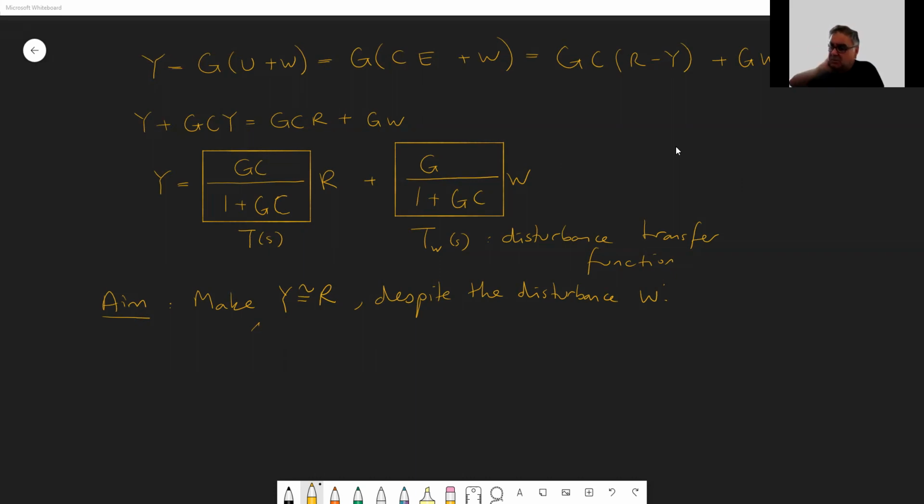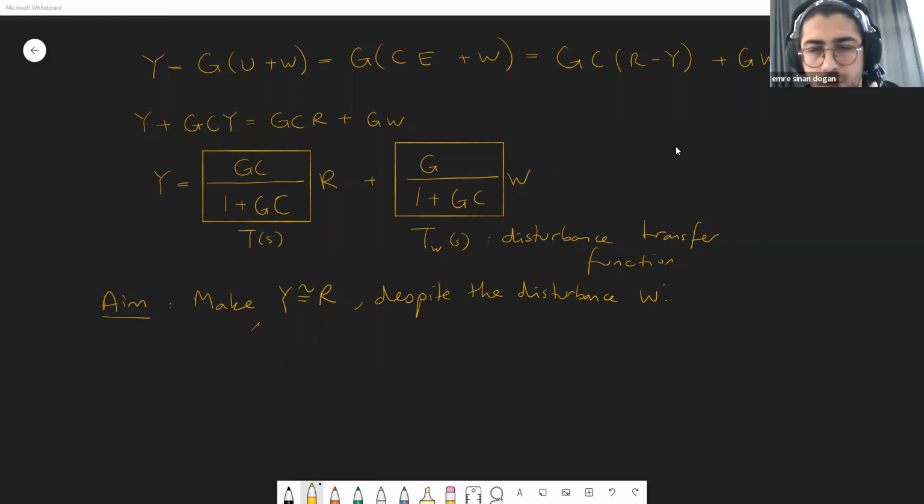Disturbance is external, like the wind, as I said, or the external temperature, or an external torque coming to your motor, which you have no control over. Those things are disturbances, and you want to minimize their effect if possible.